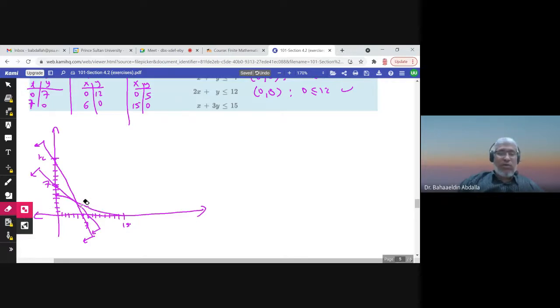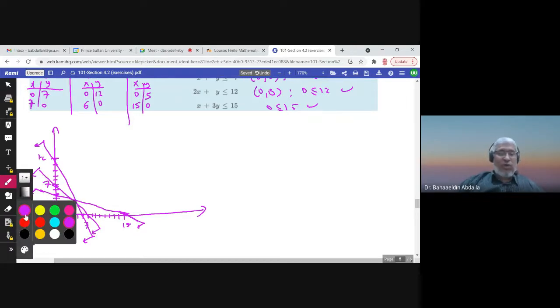The graph here needs to be accurate to make sure. We will see from the intersection points what would happen. (0, 0) is less than or equal to 15. This is correct. So the graph is also here. And of course, x should be greater than 0 and y greater than 0. So this is the region.